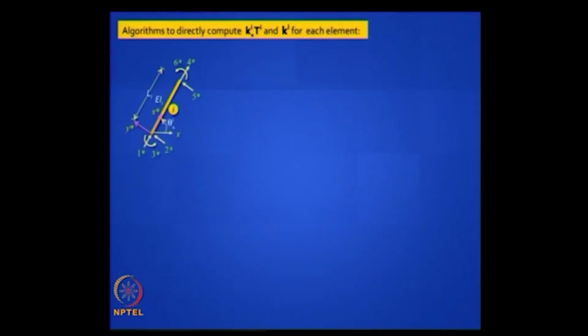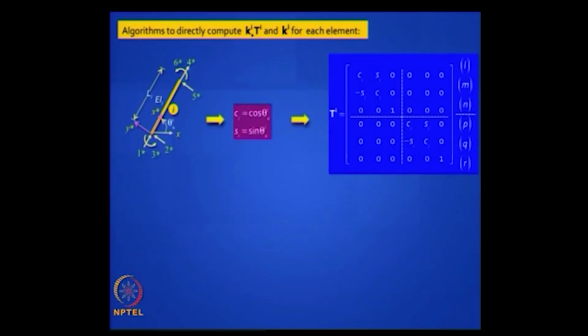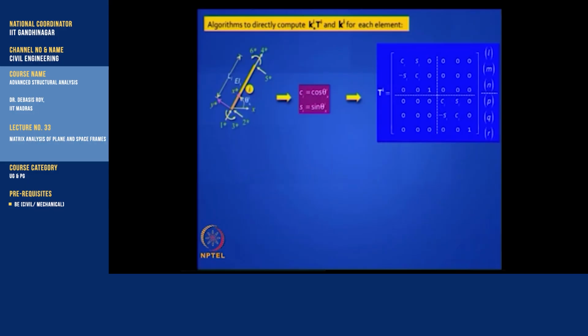You will find that if you are programming, it might be beneficial to do it in a systematic manner. For example, for each element, if you pull out the direction cosines in terms of theta i, and you call them Ci and Si, and if you know the length of the element, you can generate some properties straight away.